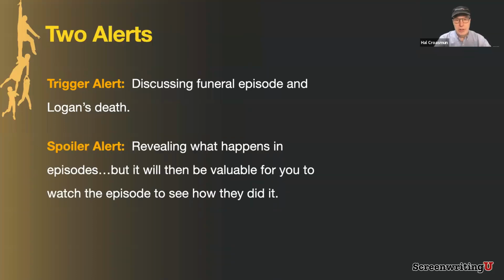Second is a spoiler alert. For the people who haven't seen or watched season 4 yet, I will be giving spoilers. Now, here's the advantage to it. The disadvantage is, well, you won't have that moment of surprise, right? I'm going to tell you something that's going to happen. The advantage is you will know how it's set up, how it's designed, what skills are being used.